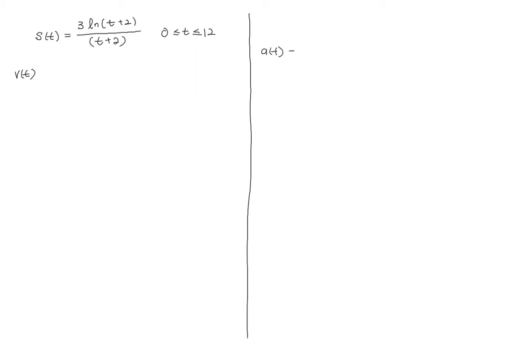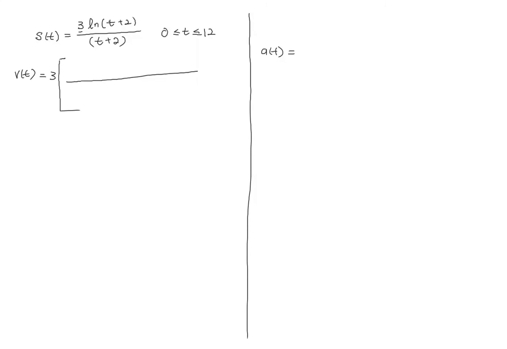This is not easy, I'm telling you. You have to use your quotient rule and you have to be very careful. First of all, if you see a 3 here, you can put the 3 outside and put a big bracket.